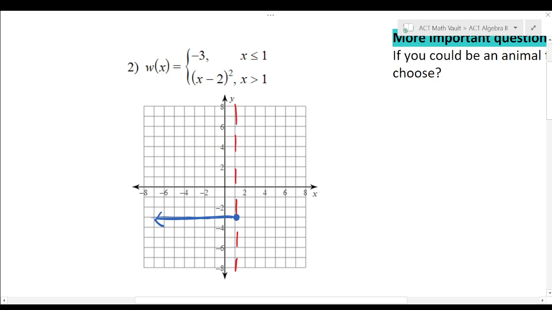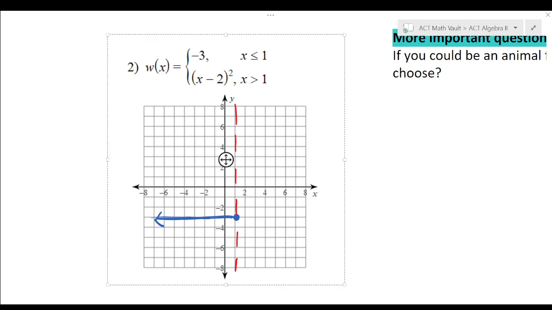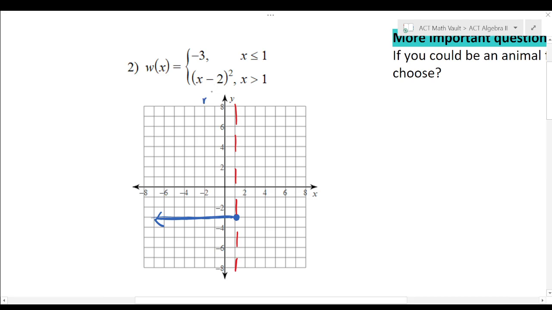Those would be the first few points on the parabola. So if it's x minus 2, remember this means to go right 2. So I'm going to go 2 over to the right from the origin, and I'm going to graph basically 1, 1, 2, 4 from that new point. So here we have a parabola, like this.